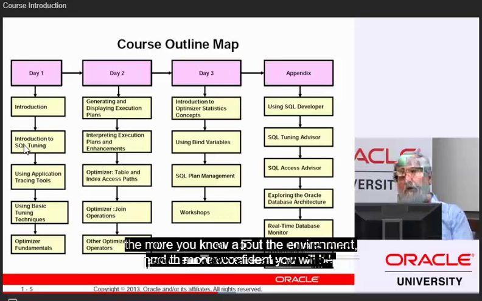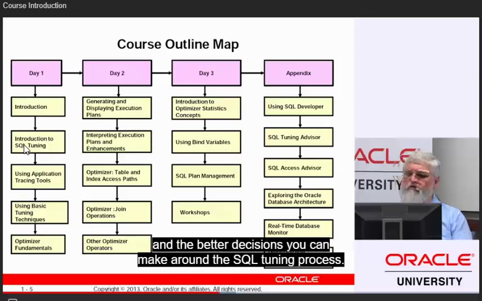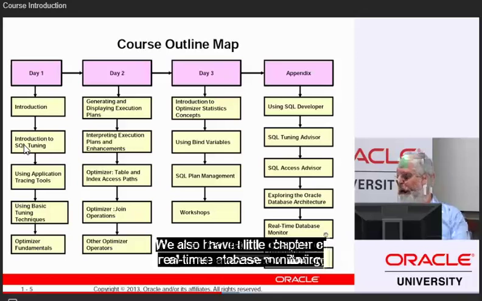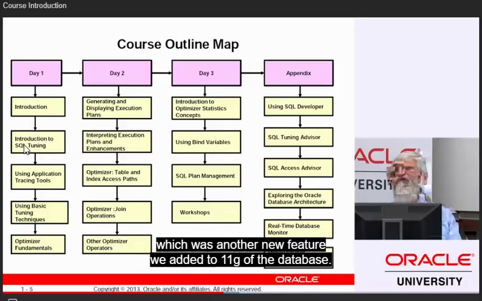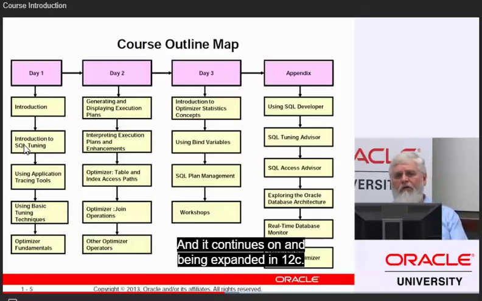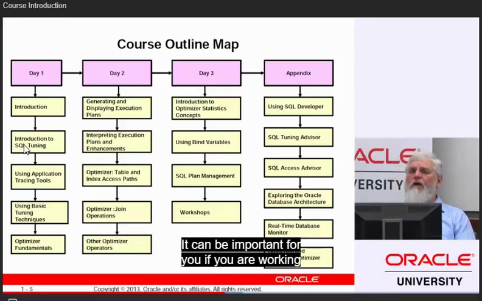We also have a little chapter on real-time database monitoring, which was another new feature we added to 11g of the database, and it continues on and is being expanded in 12c. It can be important for you if you are working with systems that have long-running SQL that are fundamentally batch-oriented or reporting systems as opposed to pure OLTP systems.